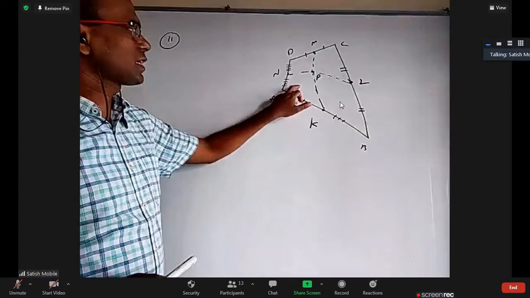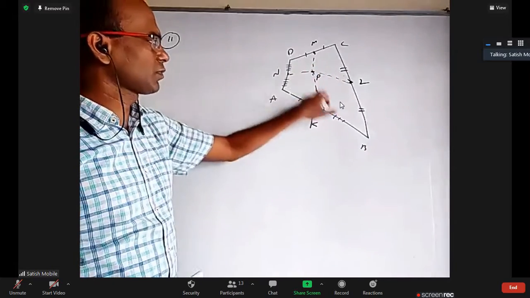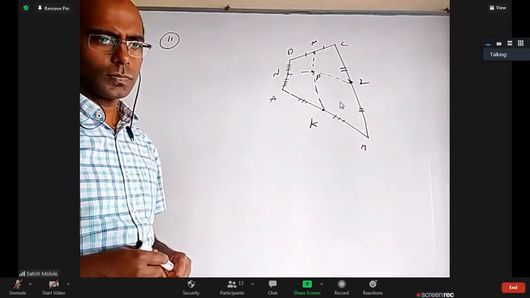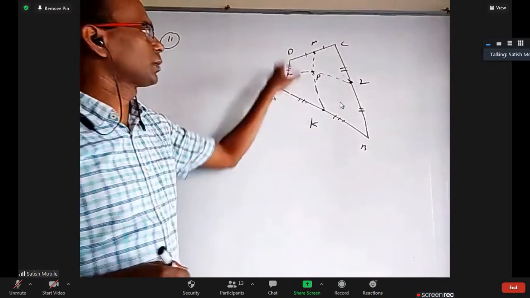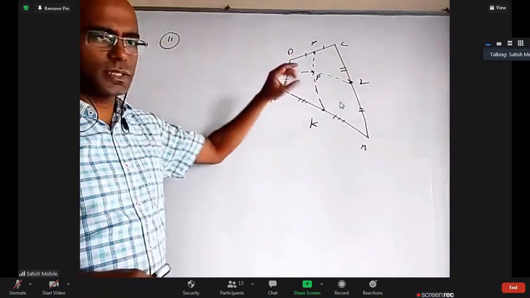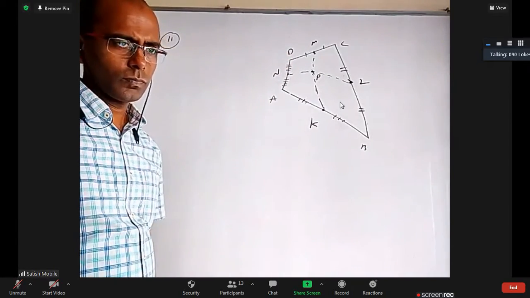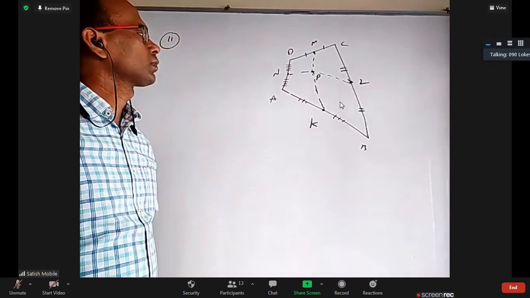Can I say this area plus this area is always the sum of these 2 areas? You take any quadrilateral, take the 4 midpoints of the sides. Yes, sir, we can say. How? Sir, draw the line passing through the point and 2 vertices.